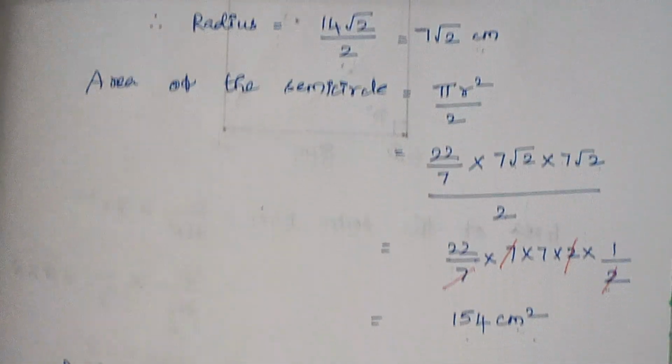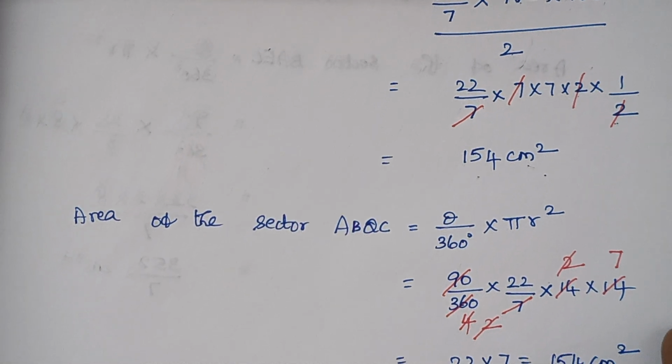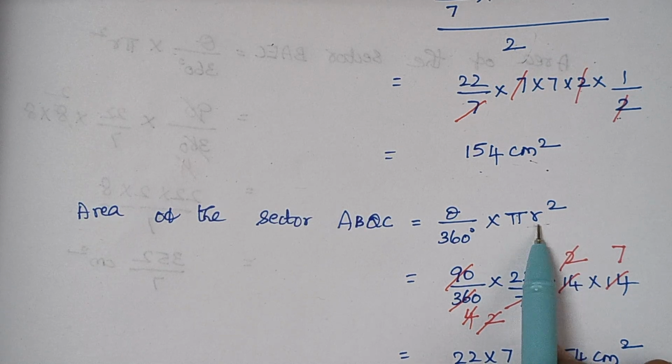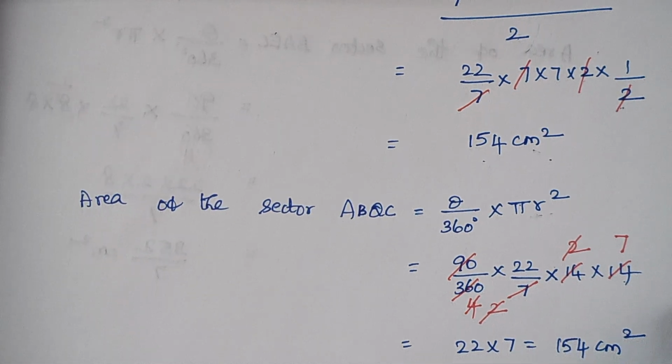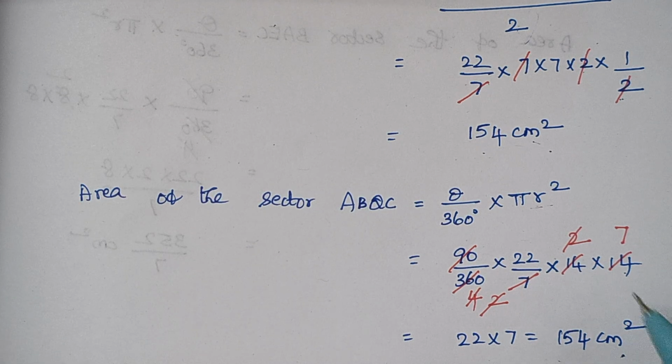So just substitute it over here. So theta by 360 into pi r square. So the value of theta is 90 and pi is 22 by 7 and the value of r is 14. So here again the answer is 154 centimeter square, right? Don't panic if you have the same values again, right? Everything is fine.